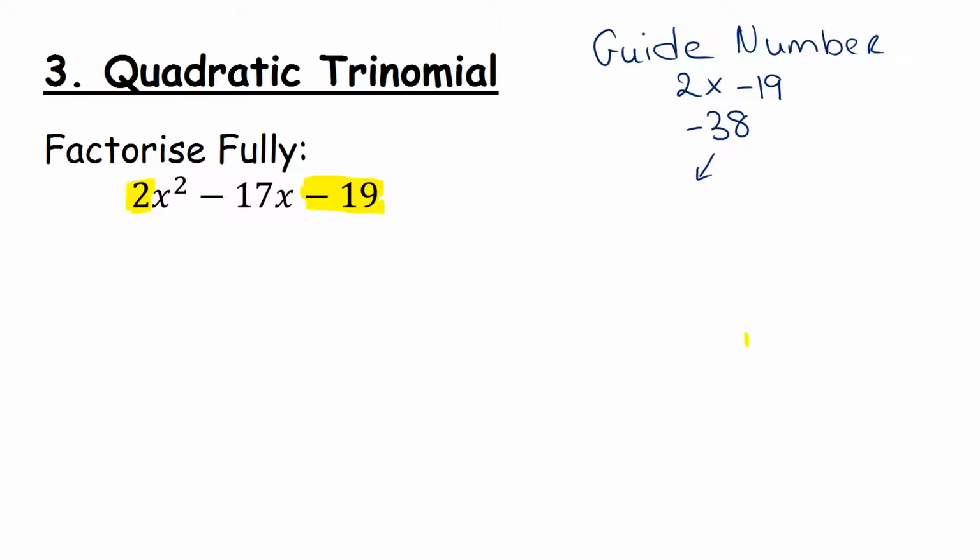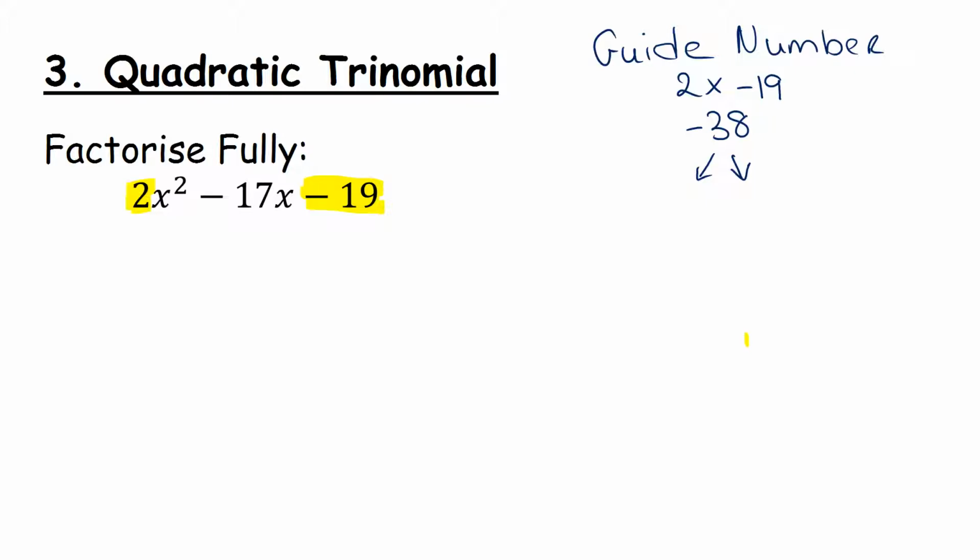So because it is a negative, we know that when we get the factors, they will have different signs, because we know that different signs will multiply to give us a minus. So a plus by a minus or a minus by a plus.